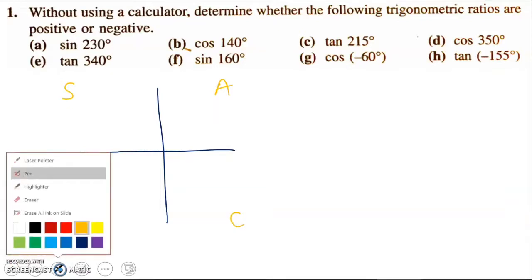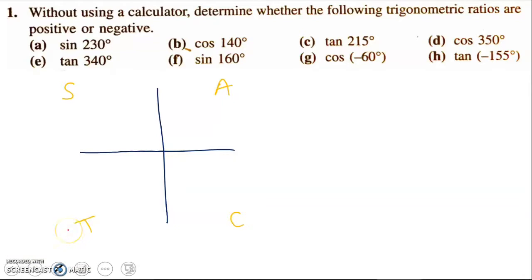So sine 230 would end up being in Q3. That ratio is going to be negative because tan is the only thing positive there, right?